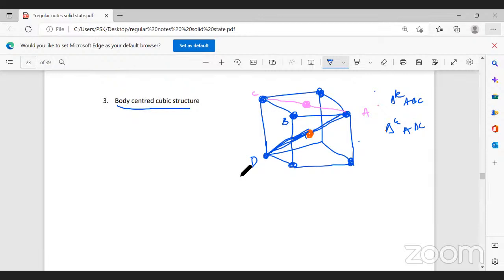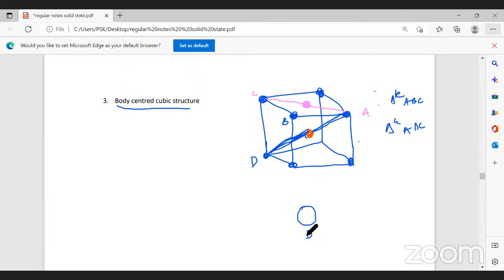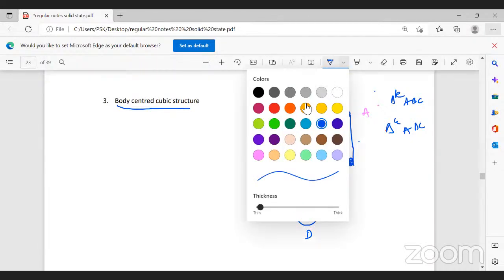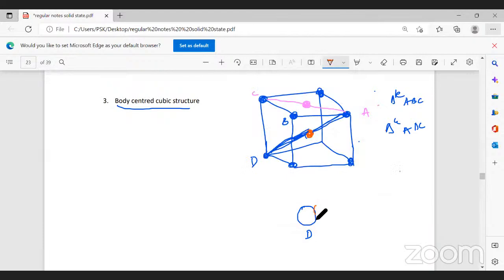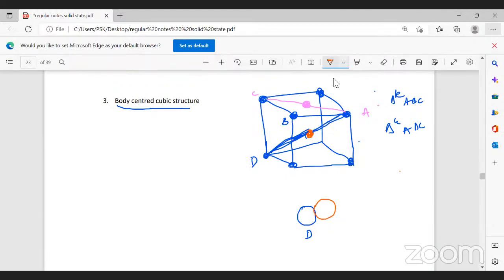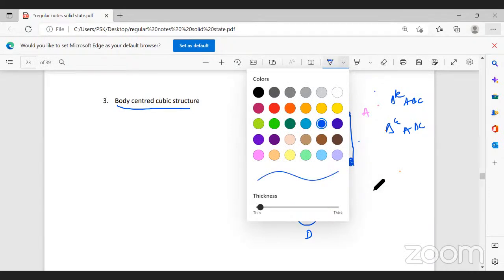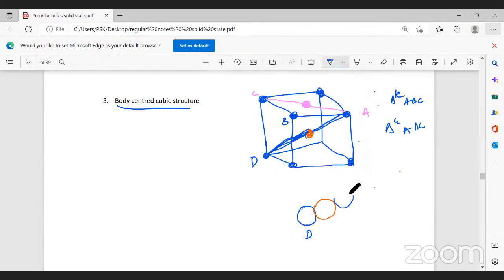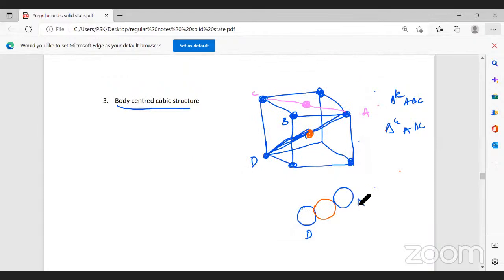Before we go for the derivation, now there is a particle at D. I'm representing this as D. And this is the particle which is at the center of the body. And I'm representing this particle again, A, here. This is nothing but A. This is D. This is the particle at the body center, and this is A.